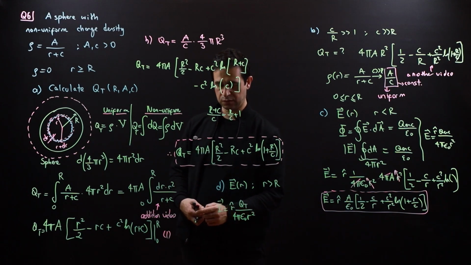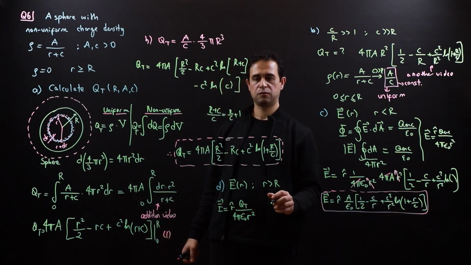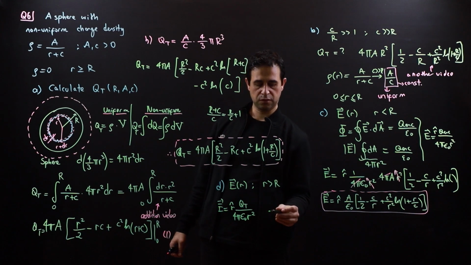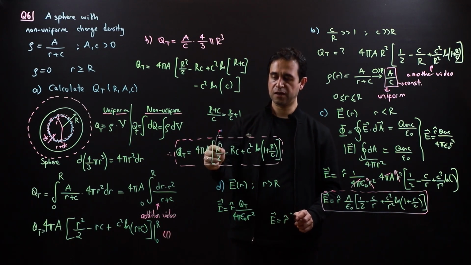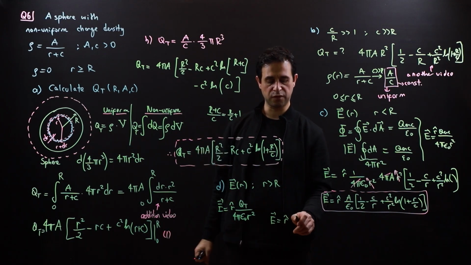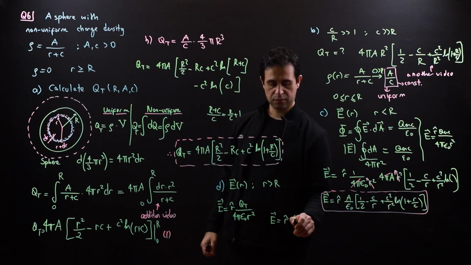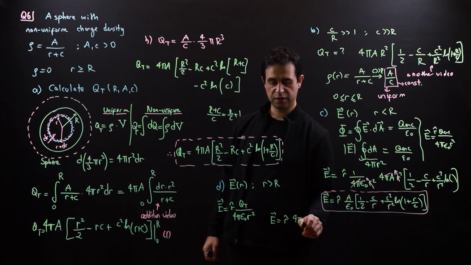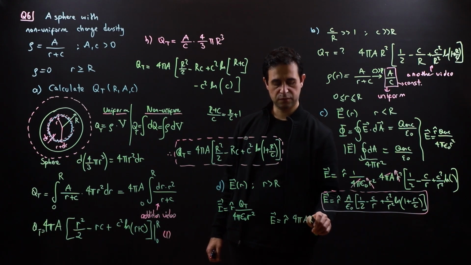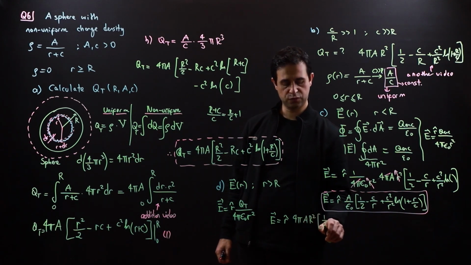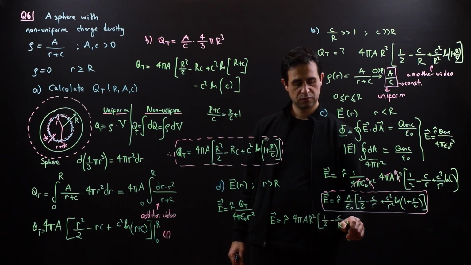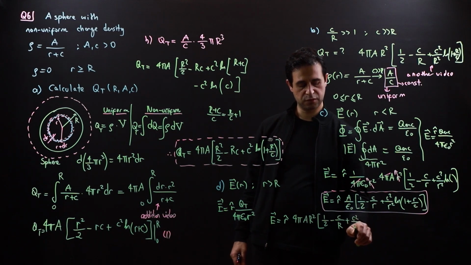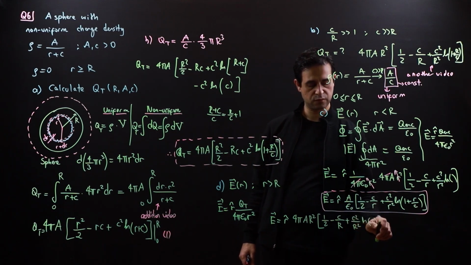So I'm going to write it here. E will have the following form, r hat. Now Q total has 4 pi a, and since it's total, I'm going to take capital R squared out of it: 4 pi a times capital R squared times 1 over 2 minus c over capital R plus c squared over capital R squared times this logarithm term.